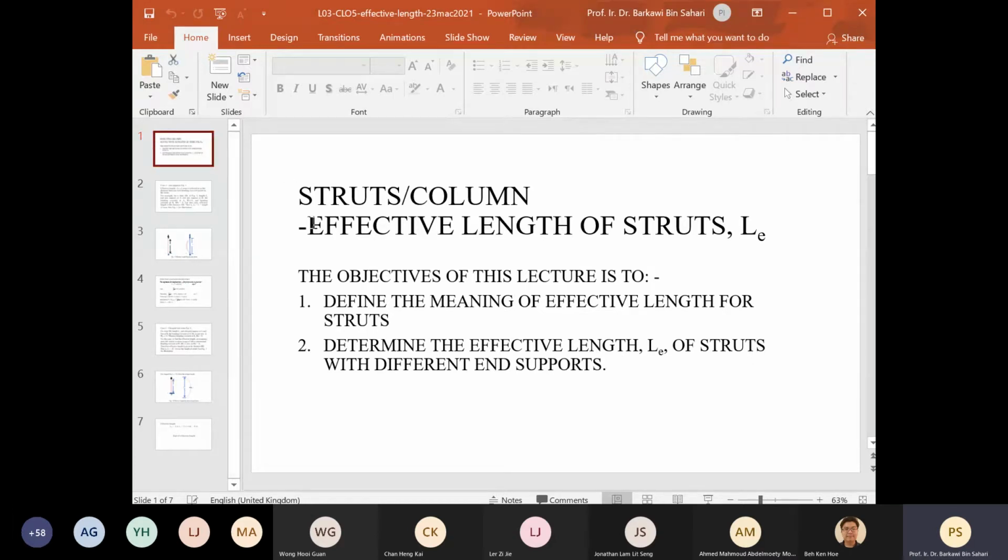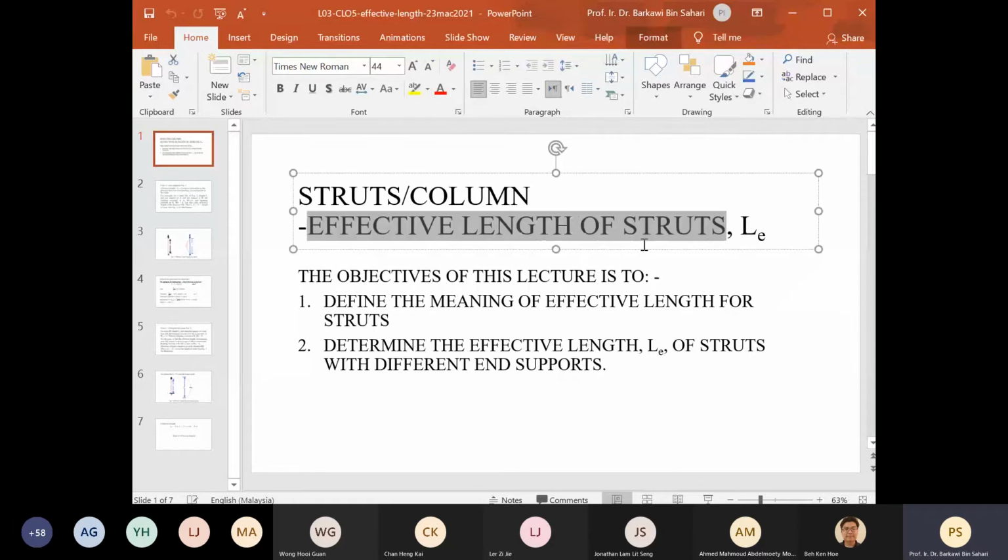So we look at effective length of strut or column, LE. Most books will use LE. Now it's a simple objective, but it is an important intermediate step before we generalize the column solutions.